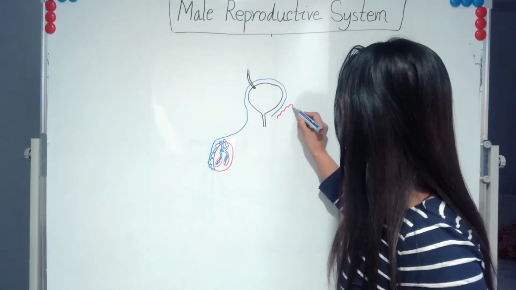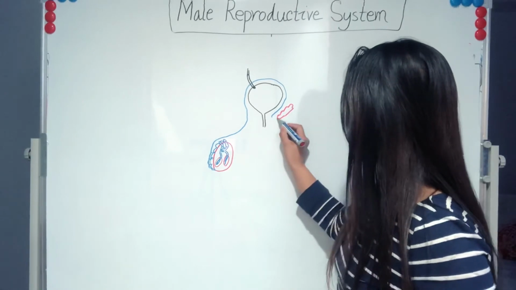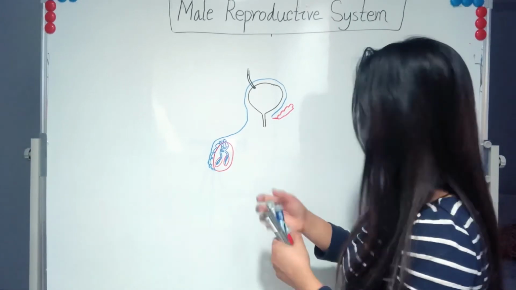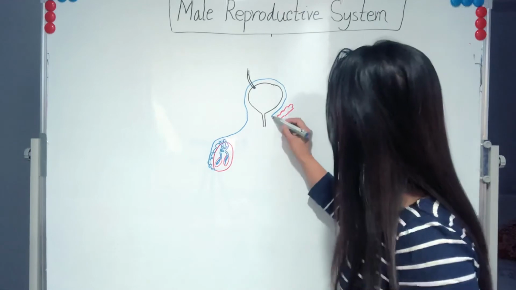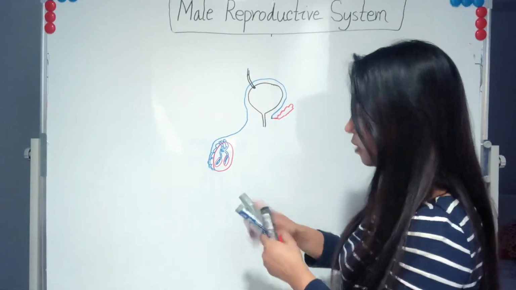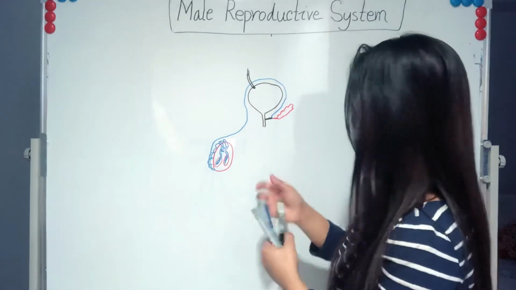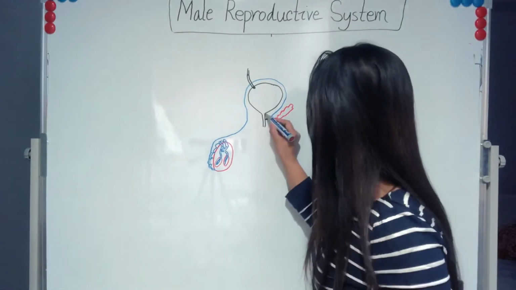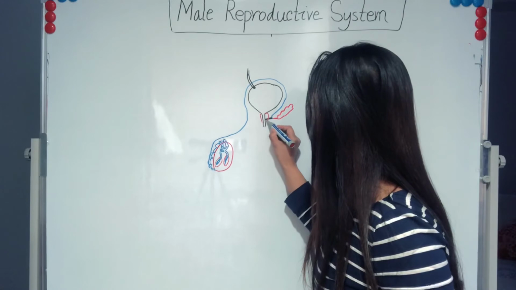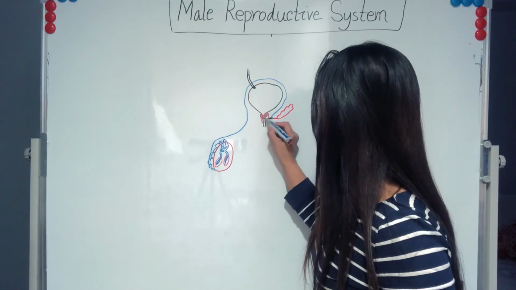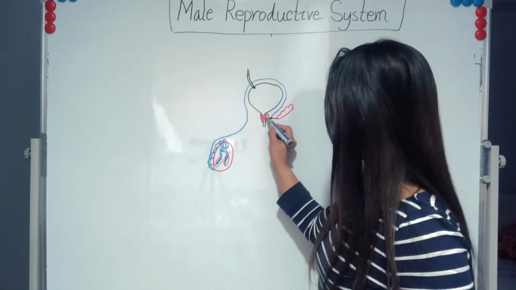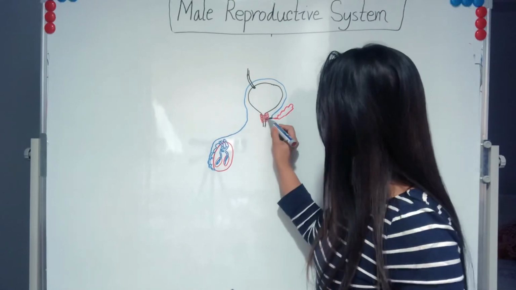Then this gland is the seminal vesicle. Seminal vesicle and vas deferens meet together and make a common duct. This is ejaculatory duct. Then another gland is present here. This is prostate gland. The ejaculatory duct enters into the prostate gland.